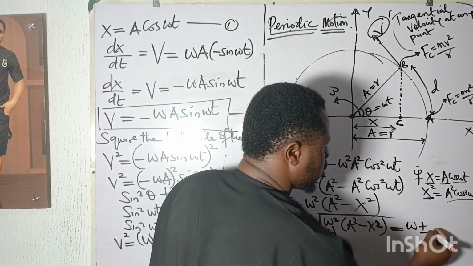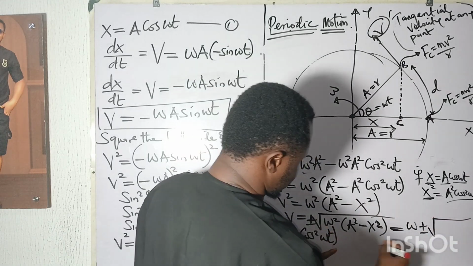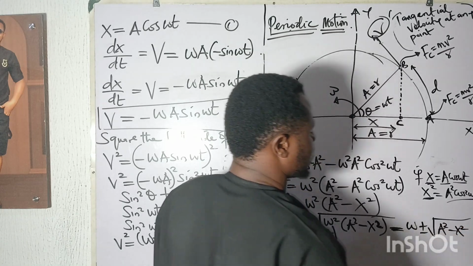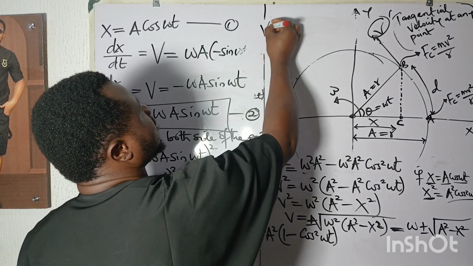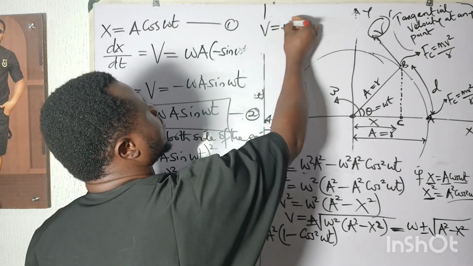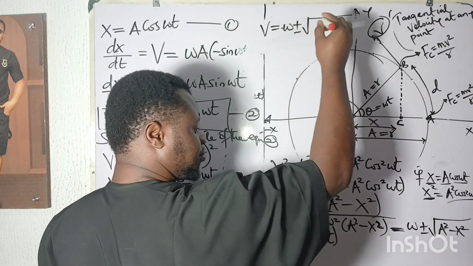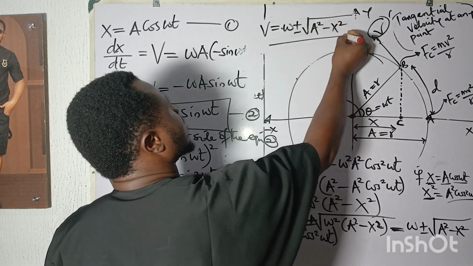So we have plus or minus square root of what do we have inside? We have A square minus x square. So this implies that the velocity is equal to ω plus or minus square root of A square minus x square.